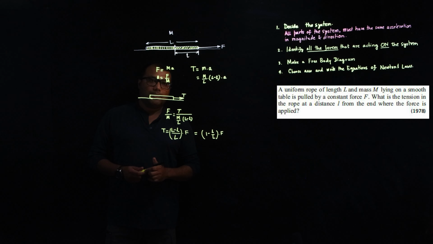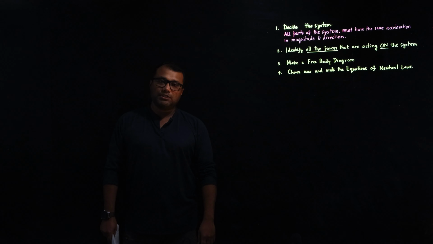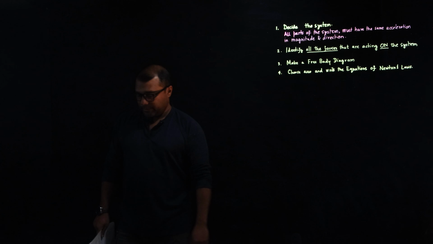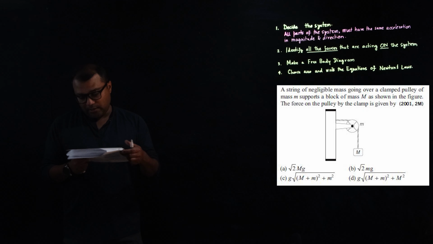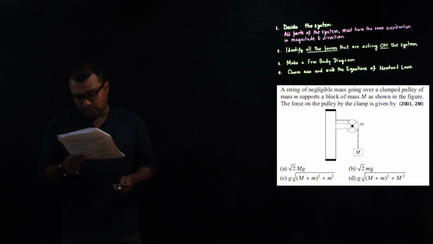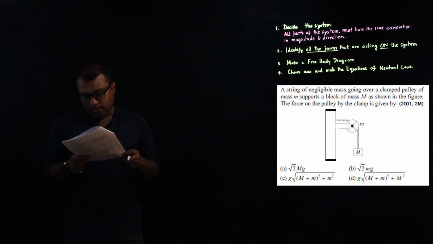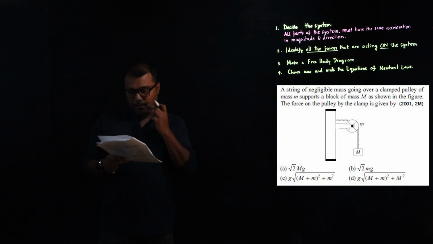Okay, let's look at the next question. I will have it up on the board. It says a string of negligible mass going over a clamped pulley of mass m supports a block of mass big M as shown in the figure. The force on the pulley by the clamp is given by.